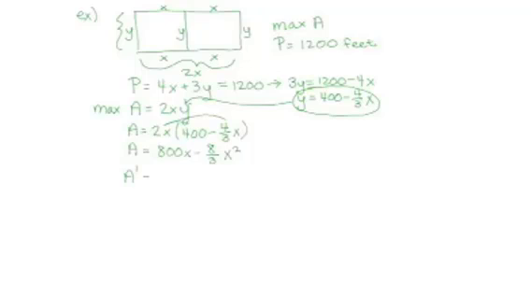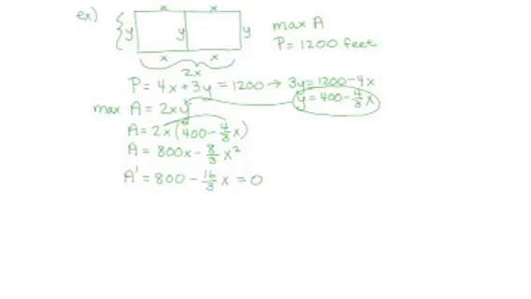So let's find this derivative. The derivative of 800x would just be 800. Minus, drop the 2 down, that gives us 16/3 x. Next we want to find where this is either equal to 0 or undefined, but since it's linear, it's never going to be undefined, so we'll just set it equal to 0. Then we just have to solve for x.